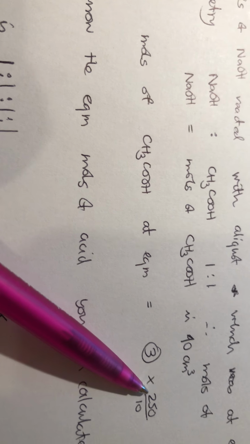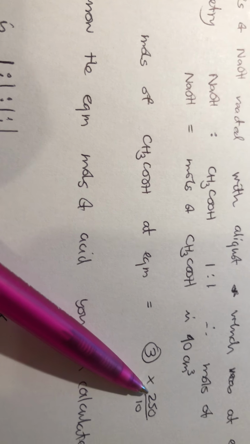And then once you know that, you can put that value in as your equilibrium number of moles of ethanoic acid. So you can put that there in the table. Once you've got that value there, the difference between the two values will be the change.